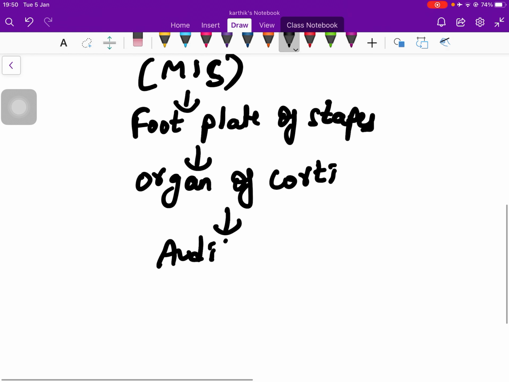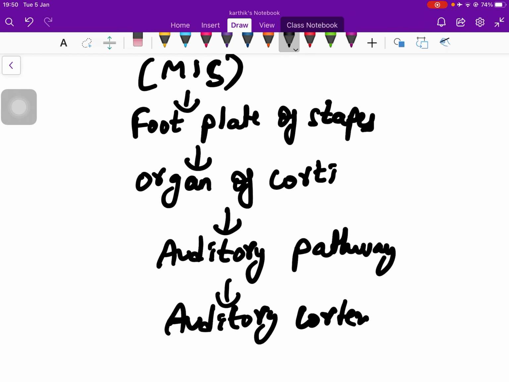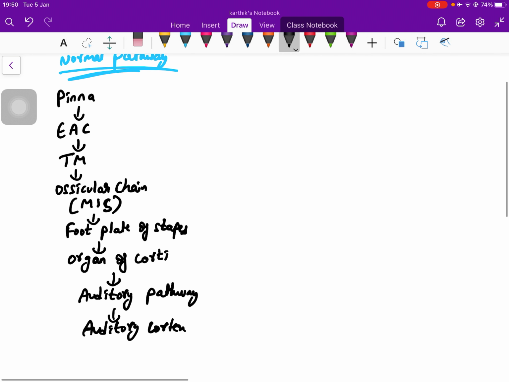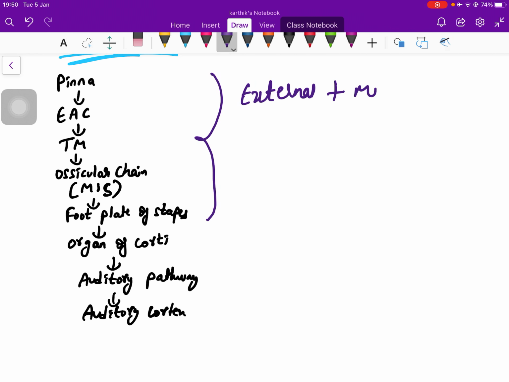From there it goes to the auditory pathway, to the auditory cortex. Until the foot plate of the stapes, this is the external plus middle ear.